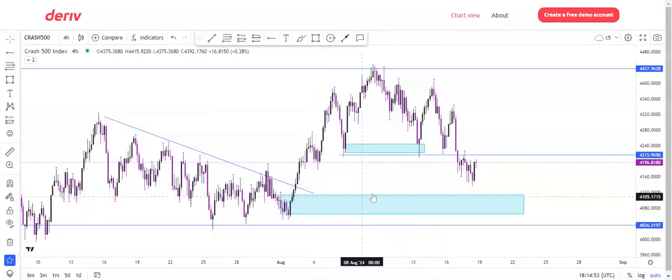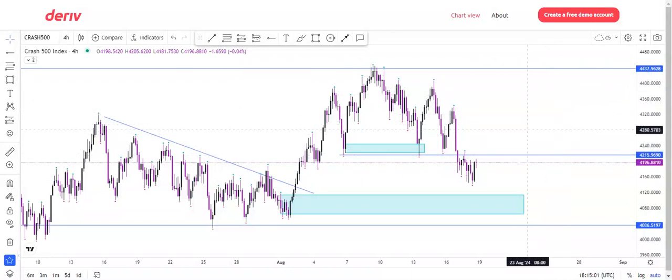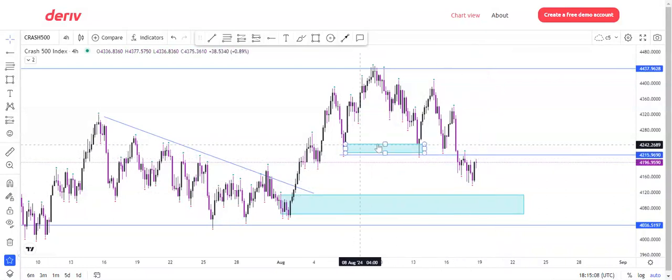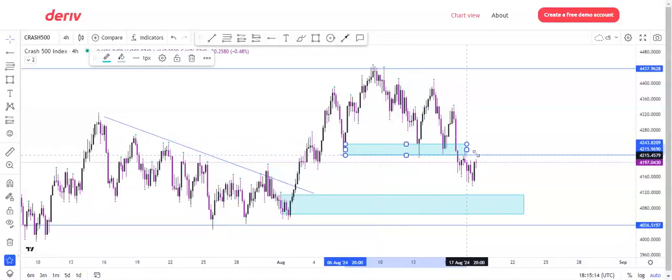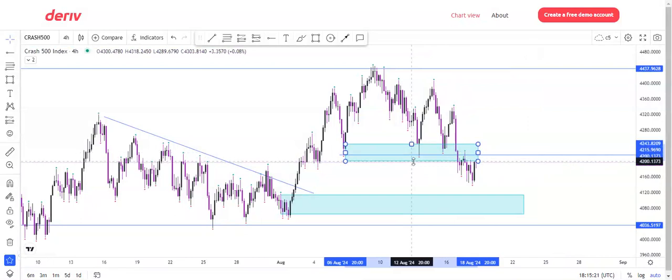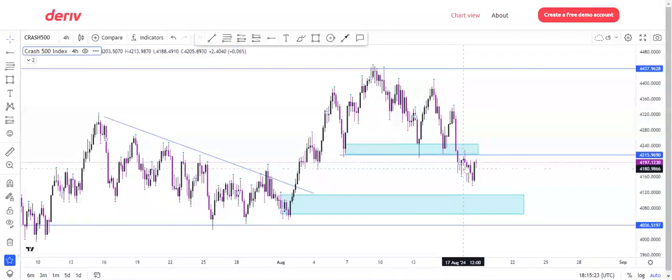But also let's check on 4 hours. If probably we can get spikes into this, we can get some nice buys. Also, remember, this order block over here can also turn to be a breaker block.